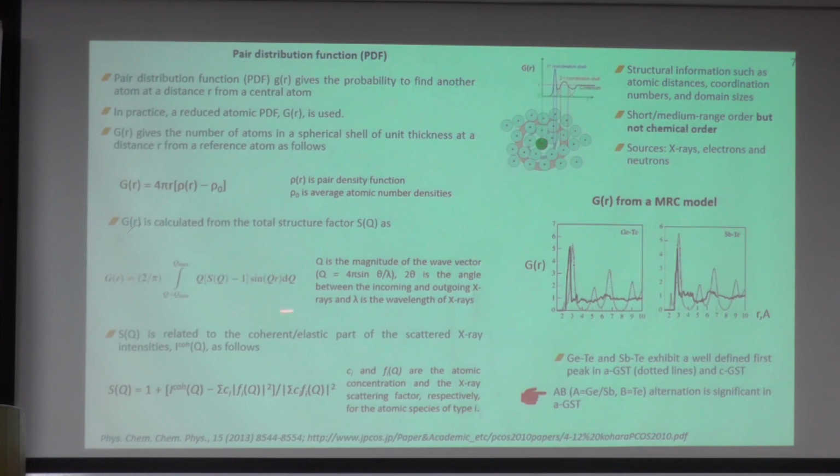So then if you have this G(r), you can find this medium-range order.